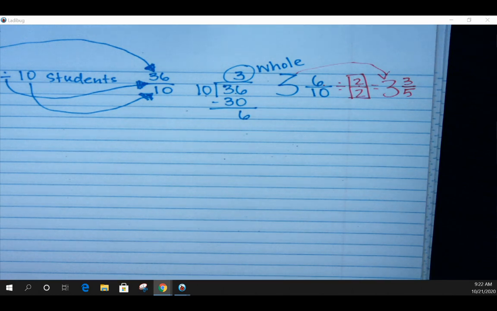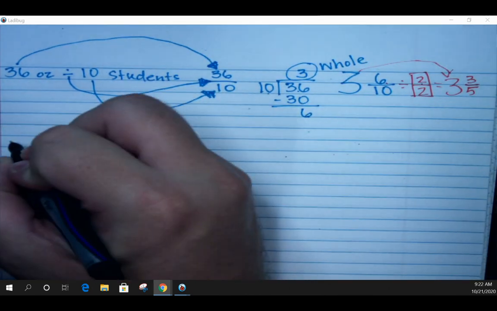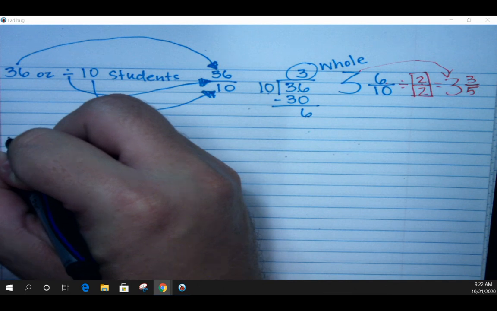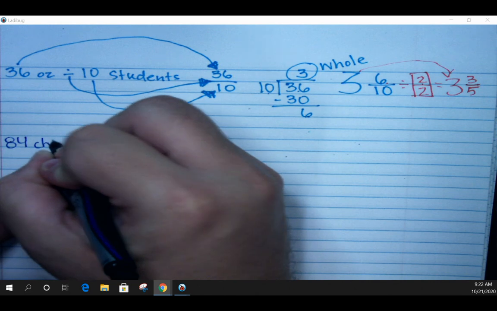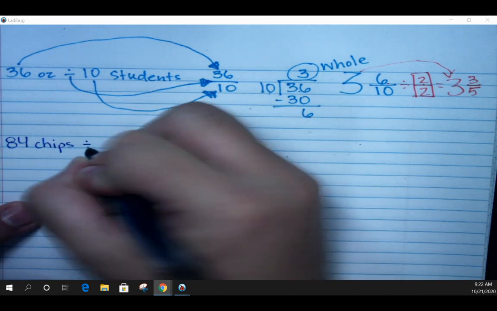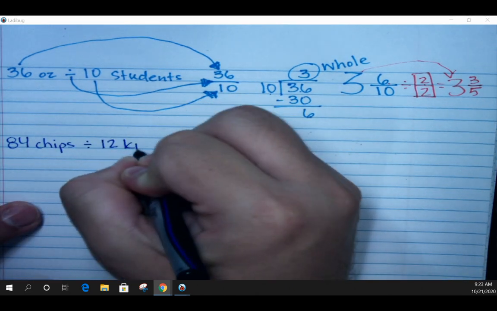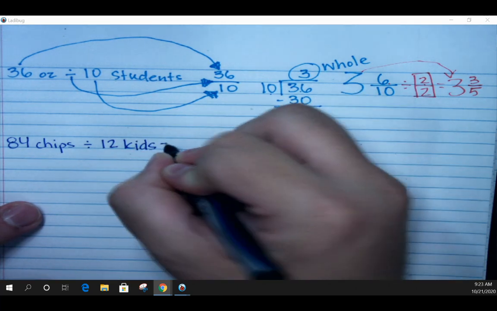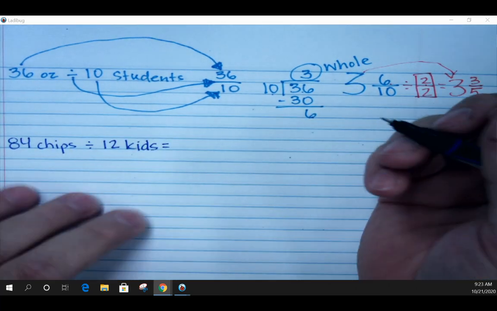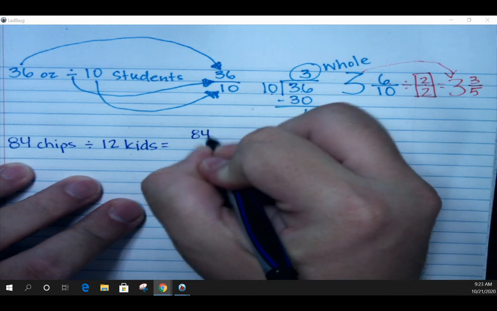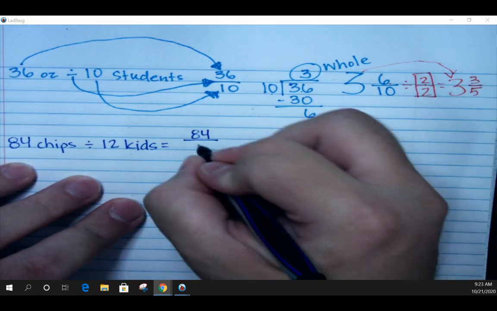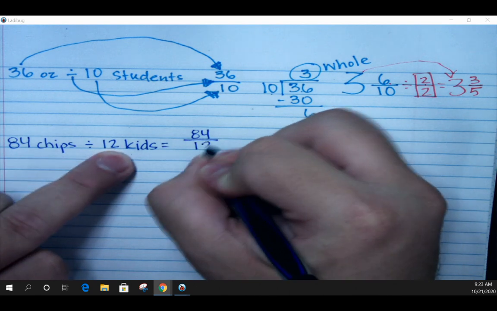Let's look at another one. Let's do 84 bags of potato chips divided by 12 kids. Trick or treat. What's our numerator? 84. What's our denominator? 12.